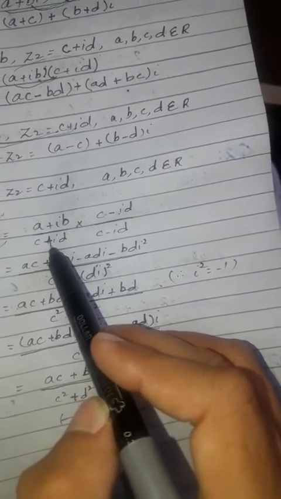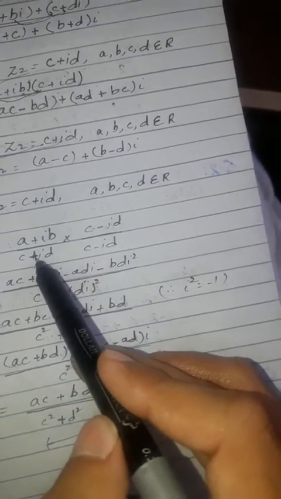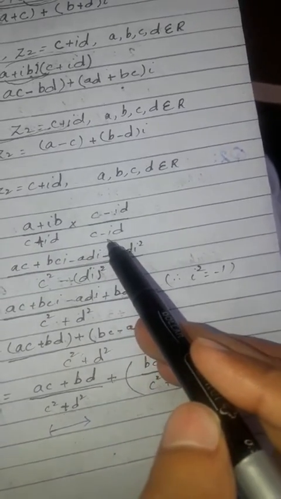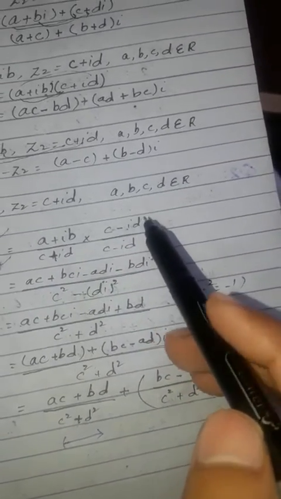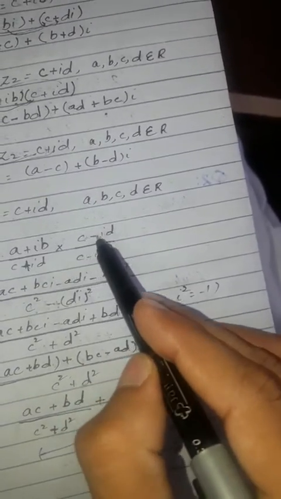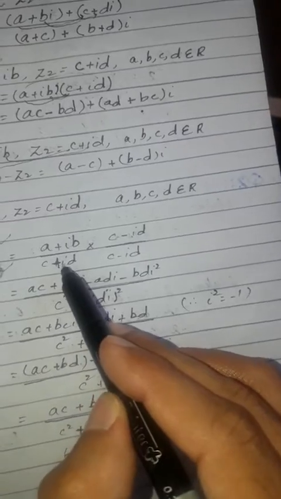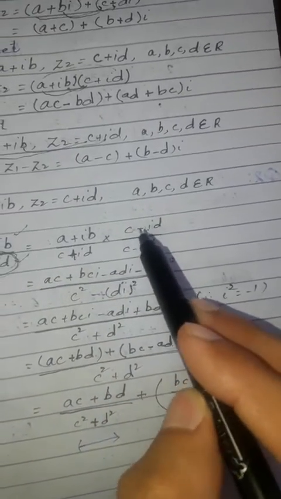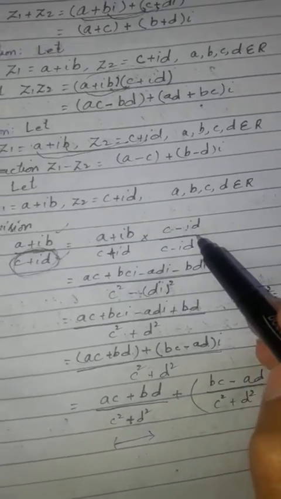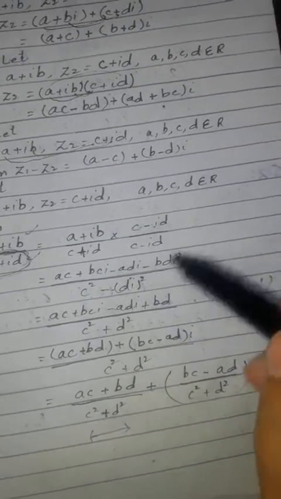Multiply and divide by the same number with the sign changed. This process is called rationalization.